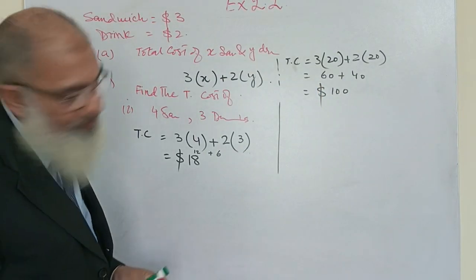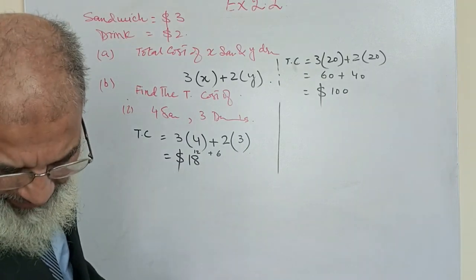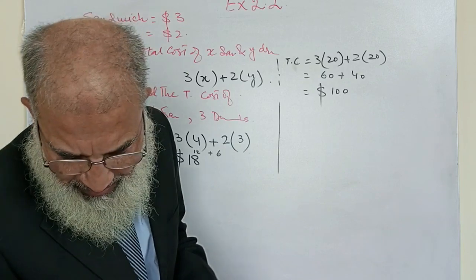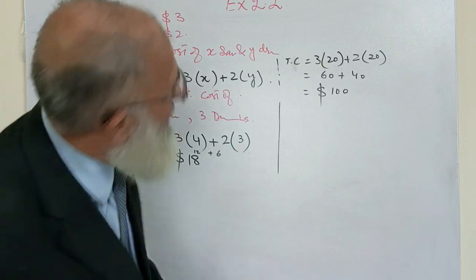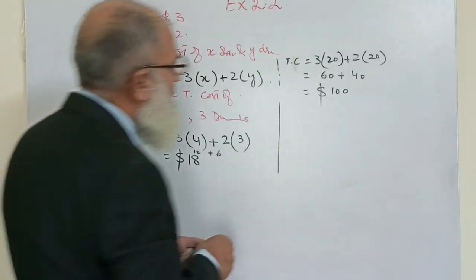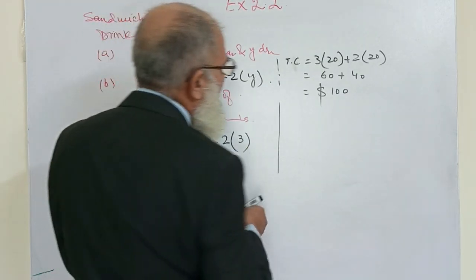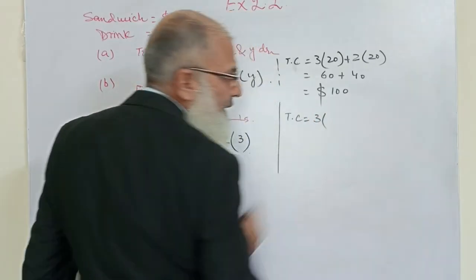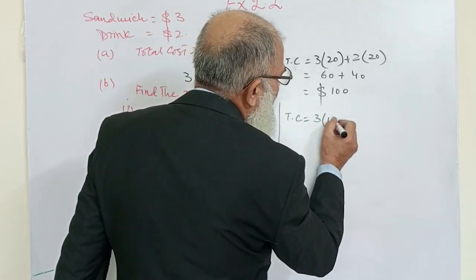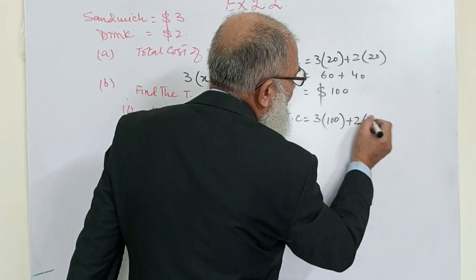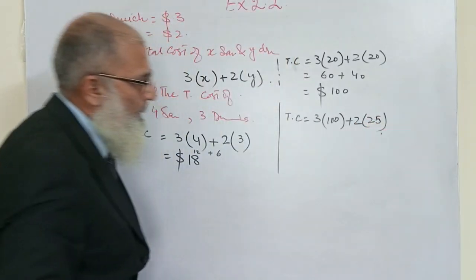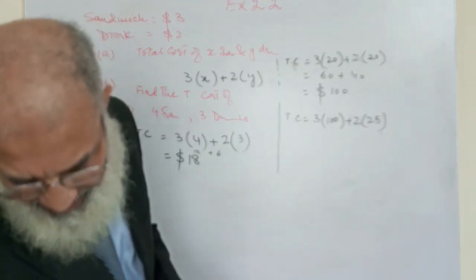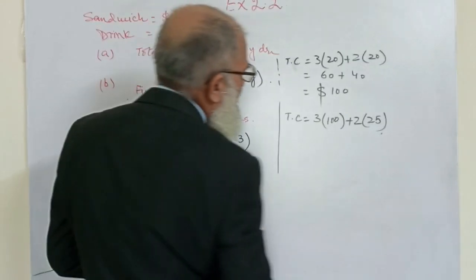The third part is just like this one. Now the last part is 100 sandwiches and 25 drinks. Total cost is equal to $3 times 100 sandwiches and $2 times 25 drinks.